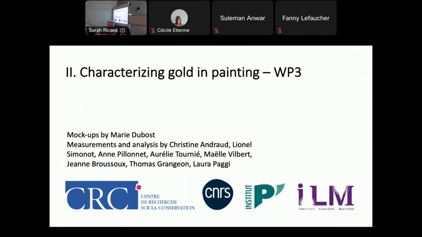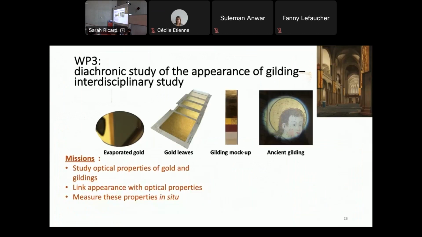Regarding optics, with all the analyses that have been done, we also have a similar approach that associates working on reconstruction of techniques and working on artworks in museums. The objective of the optics group is mainly to study the optical properties of the gold surface of the gilding technique, and to link it with optical properties.